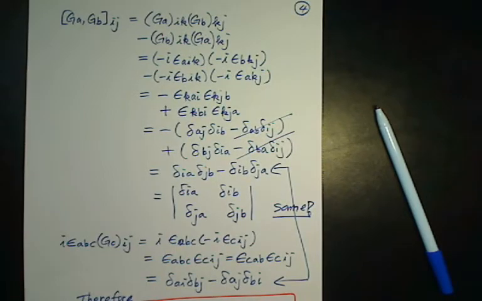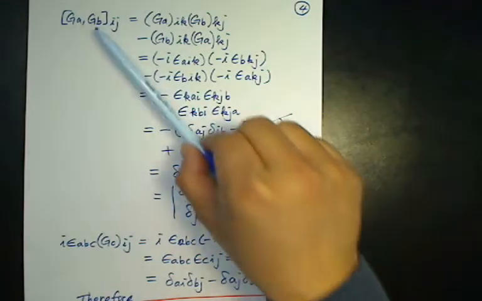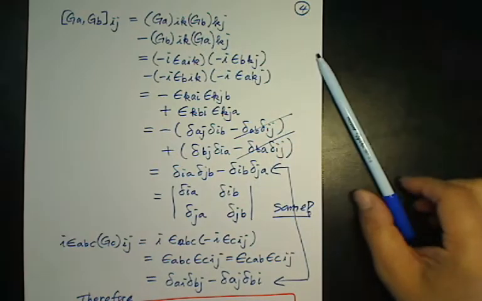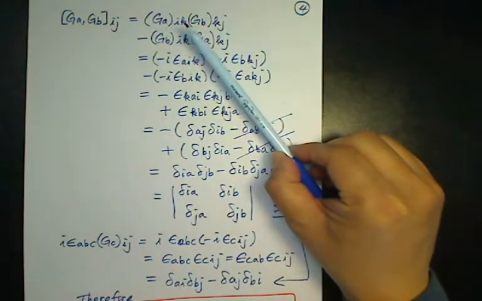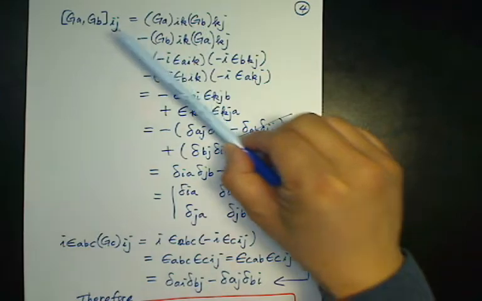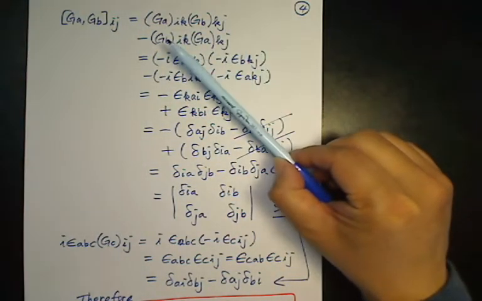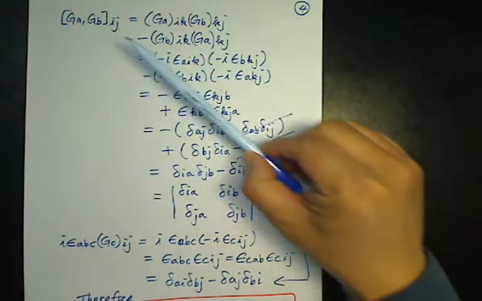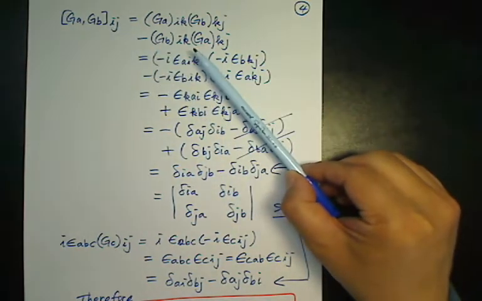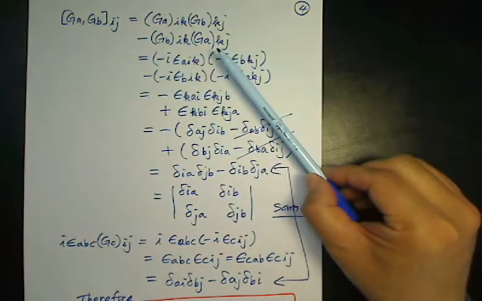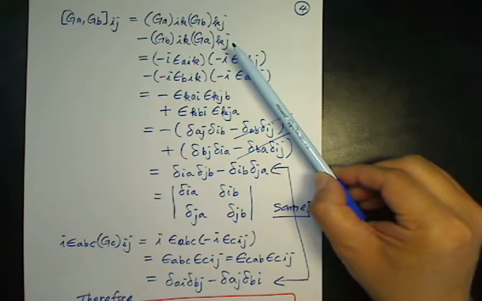So right here we have GA ik GB kj minus GB ik GA kj.